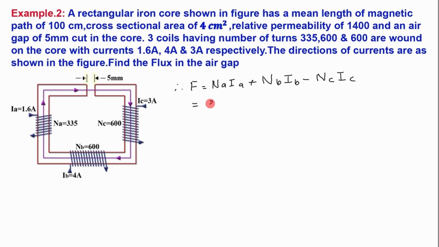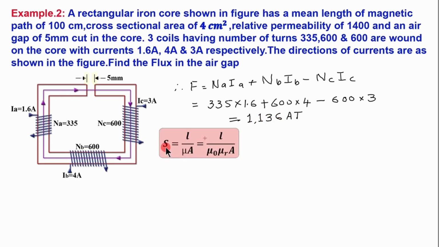That is equal to 335 into current through that coil 1.6 ampere plus 600 into current through the coil 4 ampere minus 600 into current through that coil 3 ampere. Simplifying, we will get 1136 ampere turns.